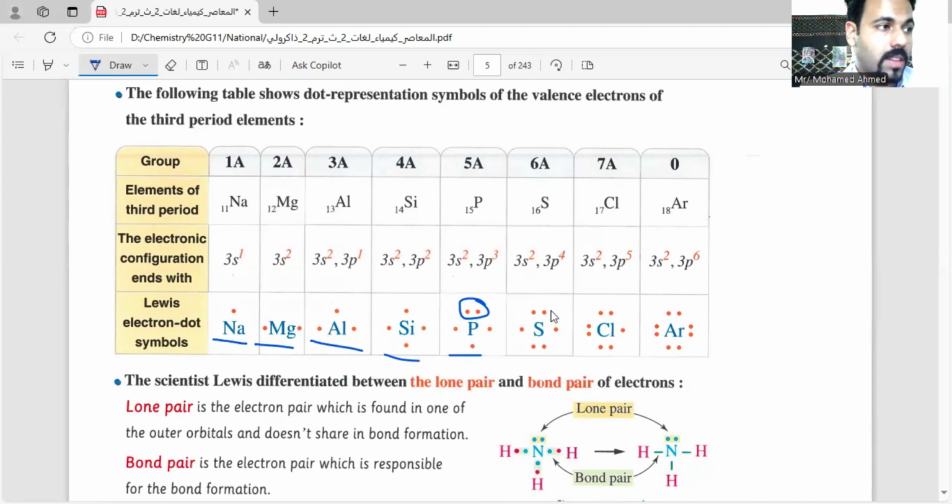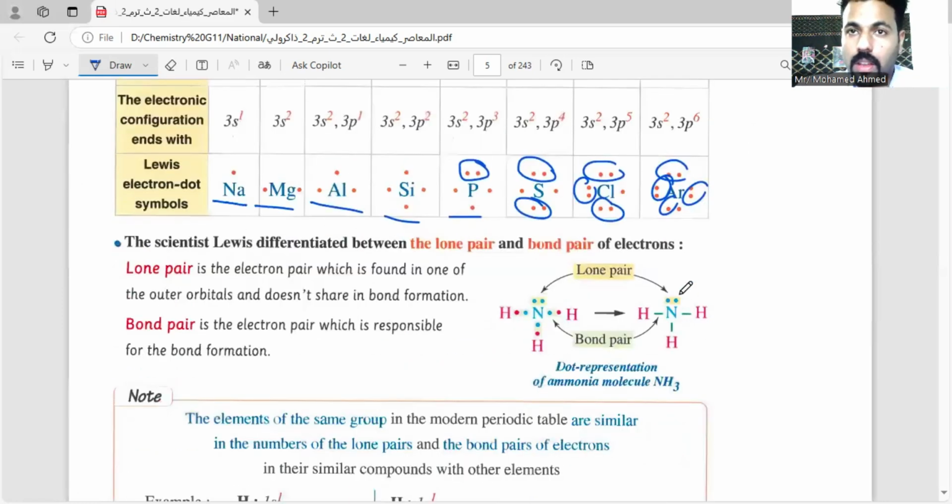Here we have sulfur has two lone pairs, as oxygen. Here chlorine has three lone pairs, and argon, sure, has four lone pairs because it's a noble gas. So this pair of electrons is called lone pair.